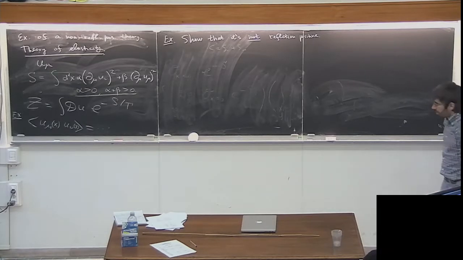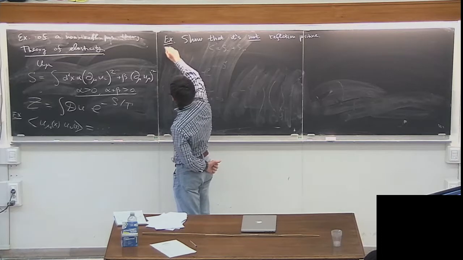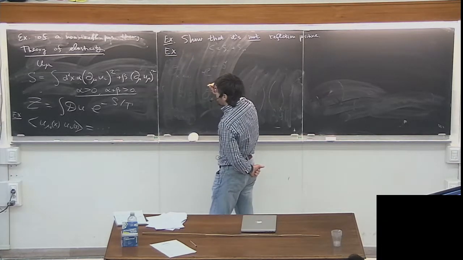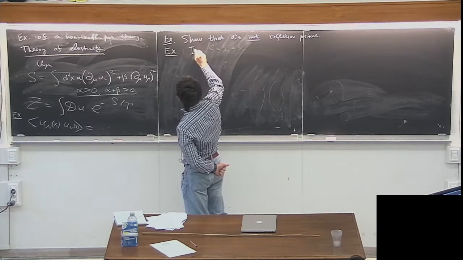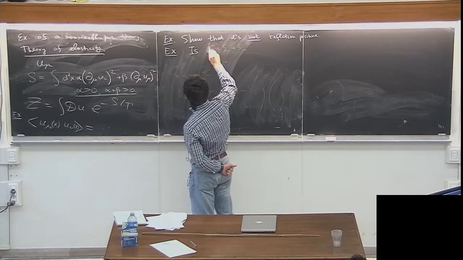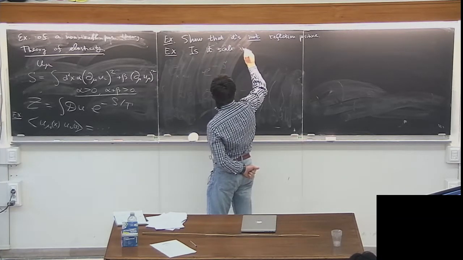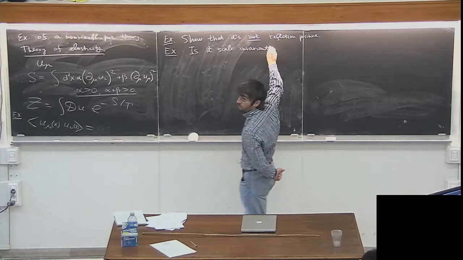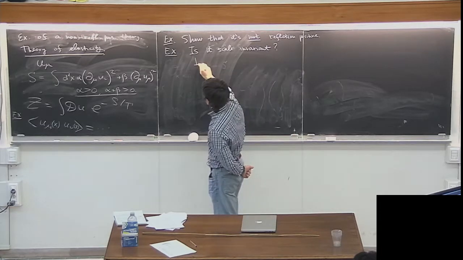And once you have this two-point function, you can do very easily another exercise, which is: is it scale invariant? Does this two-point function satisfy scale invariance, and is it conformally invariant?